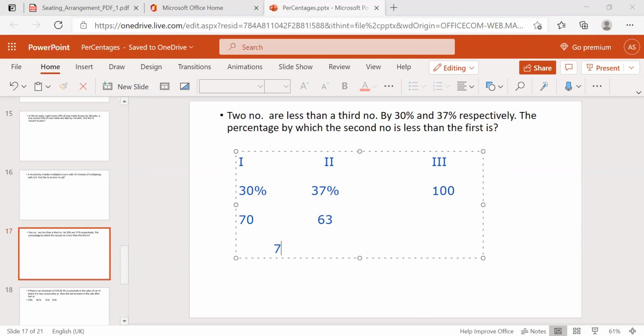So 63 is less than 70, the second number is less than the first number by 7. Now, 7 out of 70.